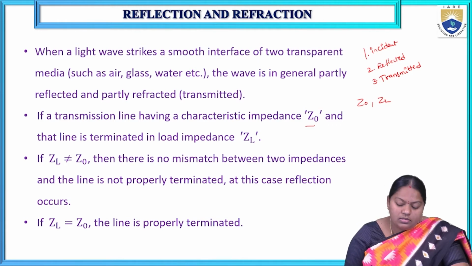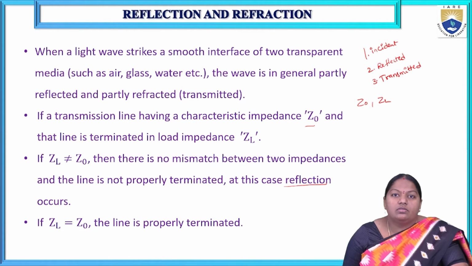In this case, reflection occurs. That is, if the load impedance is not equal to the characteristic impedance of that medium, part of the wave is reflected back to the same medium. That phenomenon is reflection.